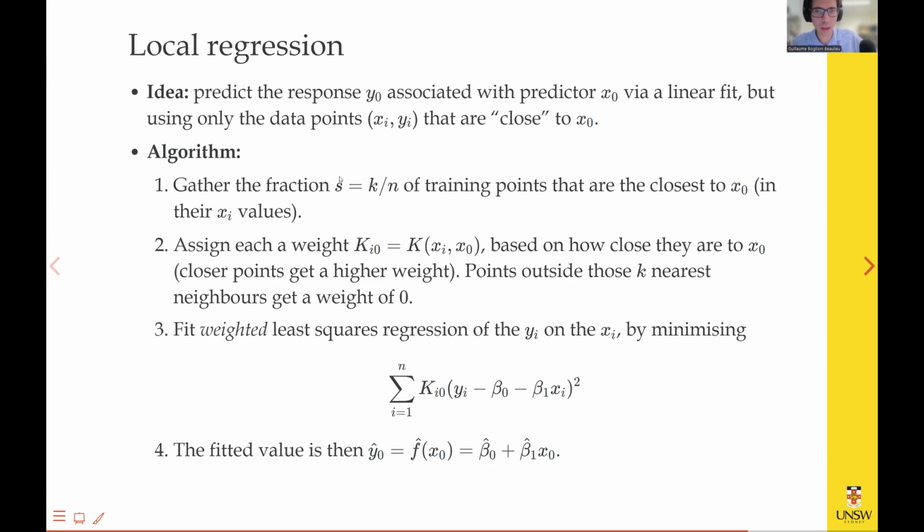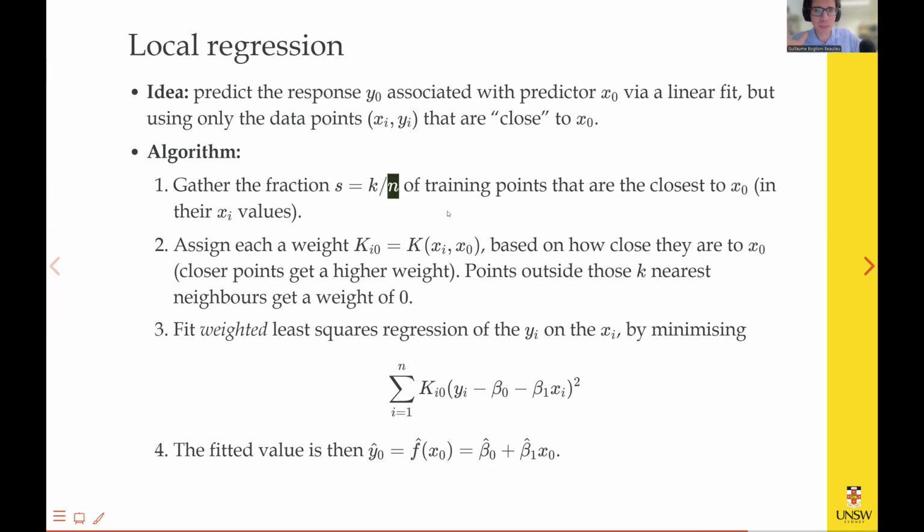Let's say that your s is 20%. Well, you're just going to pick the 20% of points that are the closest to your x0. So this is a fraction of the total number of points, the total number of points being n, of course.